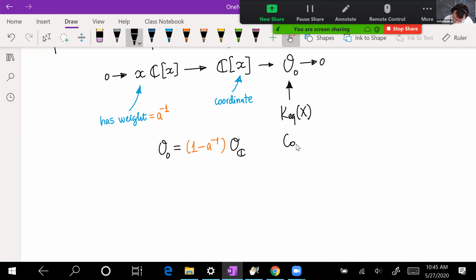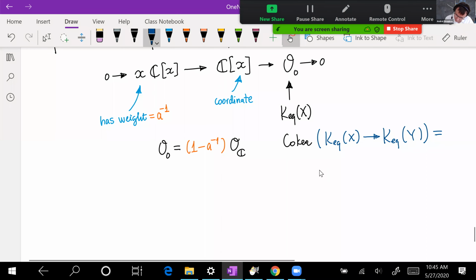It means that the cokernel of the map, you take the push forward in here, that is torsion, right? That is Z of A plus minus 1 modulo 1 minus A.